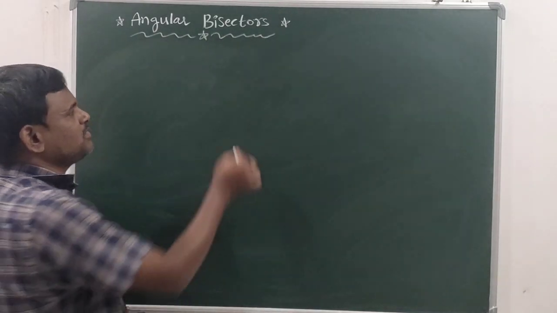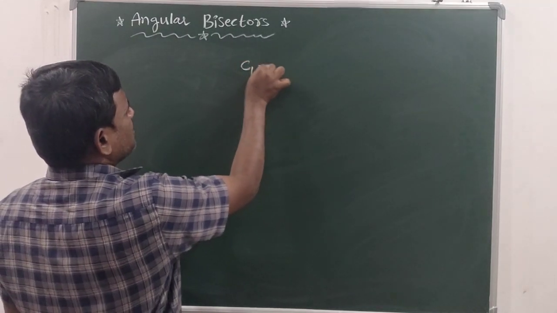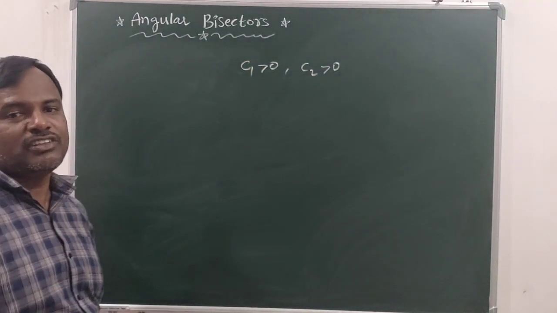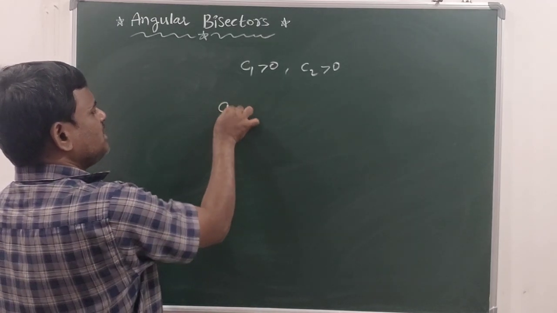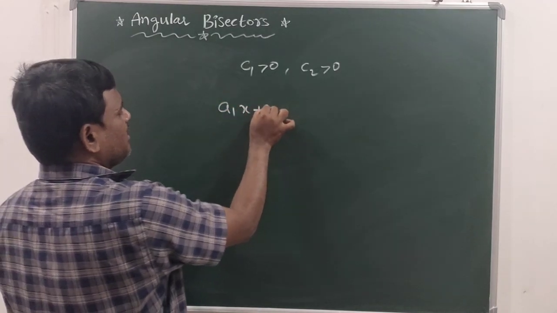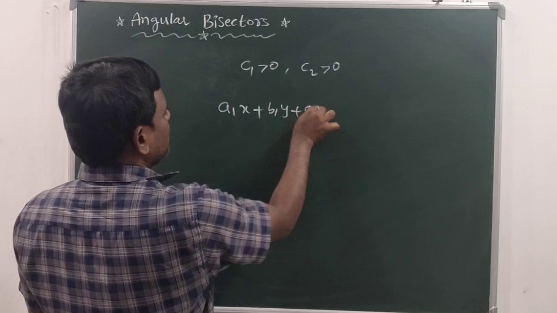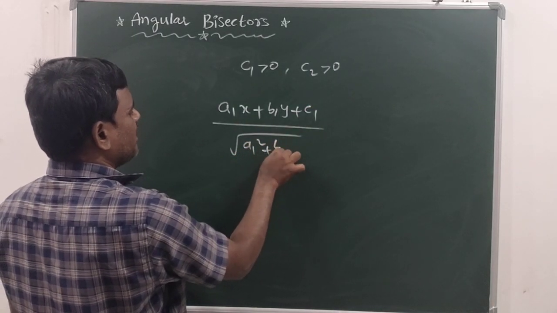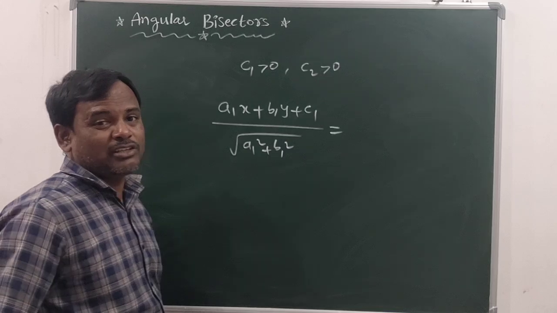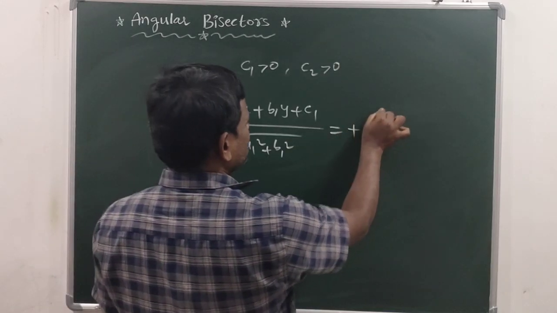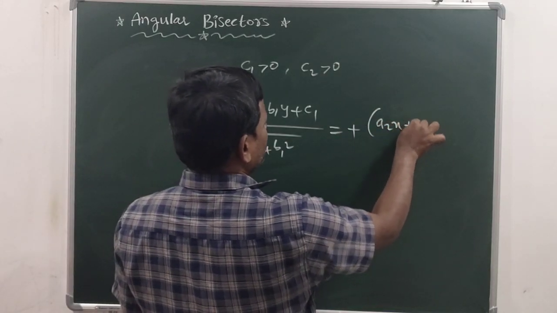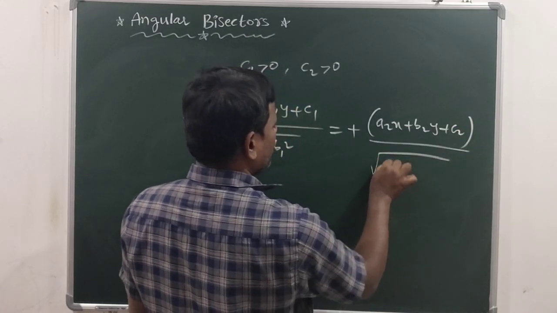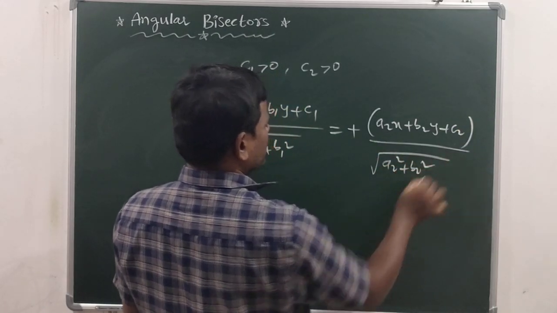For this, students, very easy. Just make c1, c2 positive. After making c1, c2 positive, just equate plus: a1x plus b1y plus c1 by root of a1 square plus b1 square equals plus a2x plus b2y plus c2 whole by root of a2 square plus b2 square.